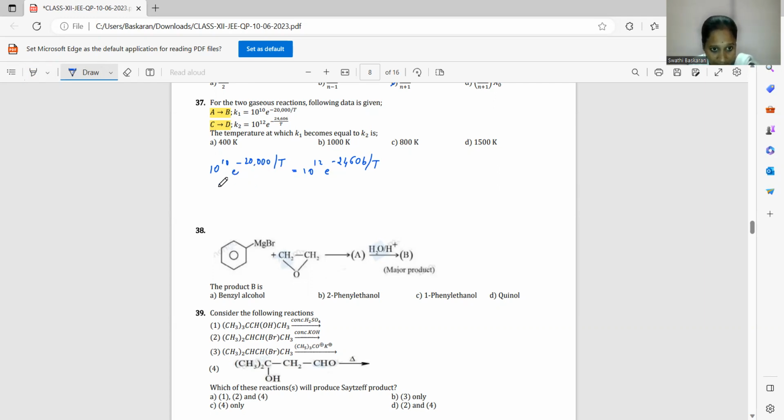So now accordingly, I will write 10 power 12 divided by 10 power 10, which is equal to e power minus 20,000 by T divided by e power minus 24,606 by T. Now on simplification of this, we will get 10 power 2 is equal to e to the power 24,606 minus 20,000, T is common.